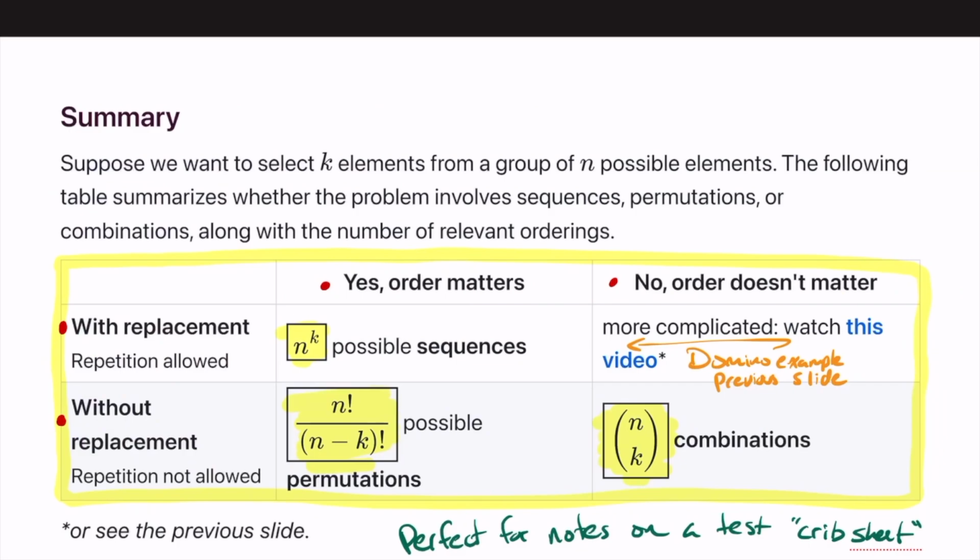But more importantly, how do I take a word problem and distill down the correct mechanisms that I need to solve the probability problem, whether that's utilizing a certain equation or doing something a little more fancy like in the domino problem. So that's what we'll do for all of next lecture.